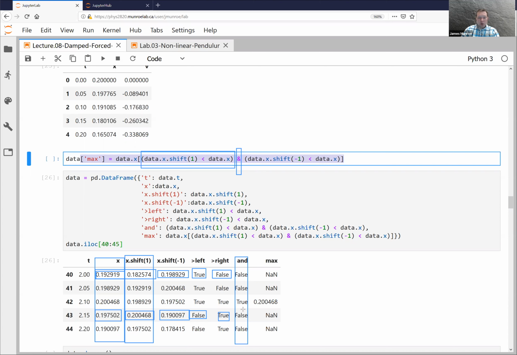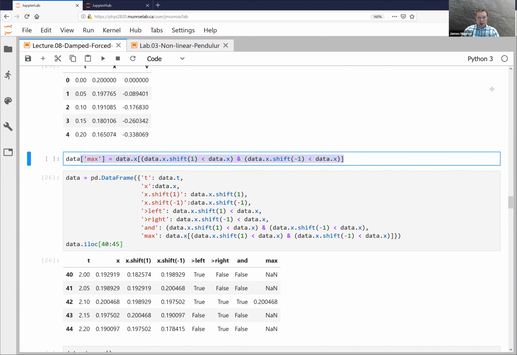It's only the situation where this number is bigger than the one before it and after it. That's a maximum. It gets a true. And then what I do is only for the values which are true, I copy those into an array called data max. That's all this is doing. It's a fancy way of identifying where the maxes are all the way through.